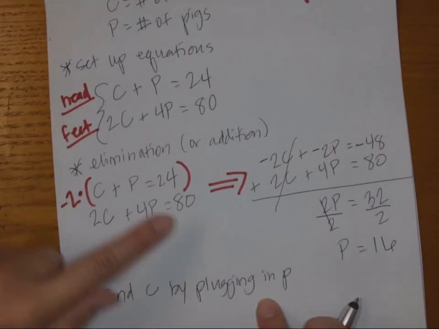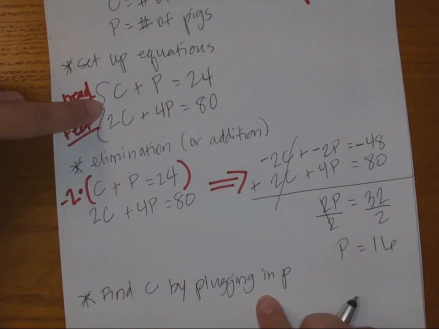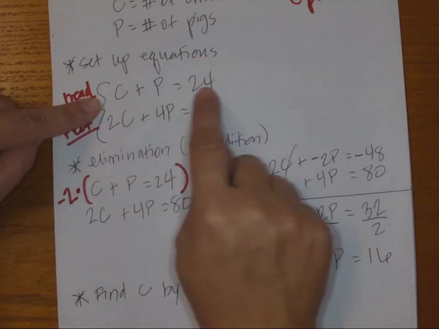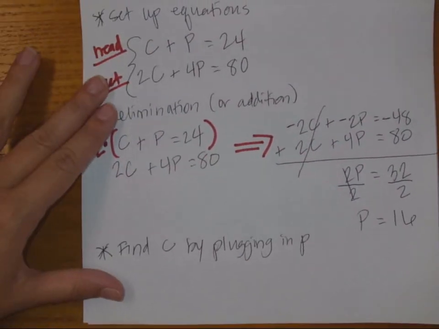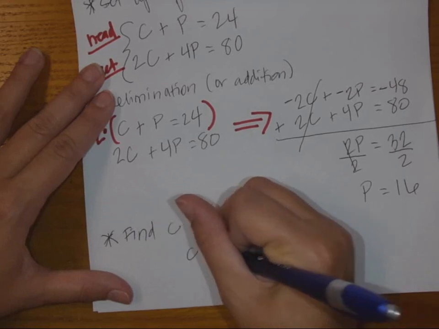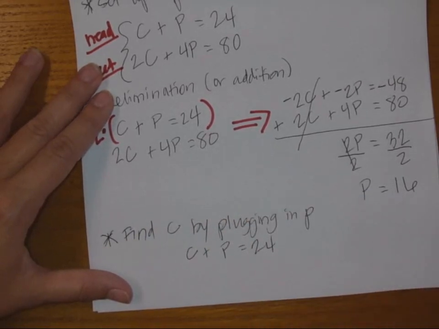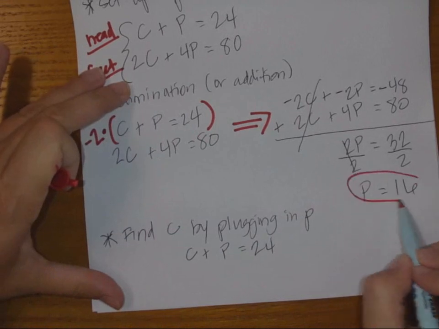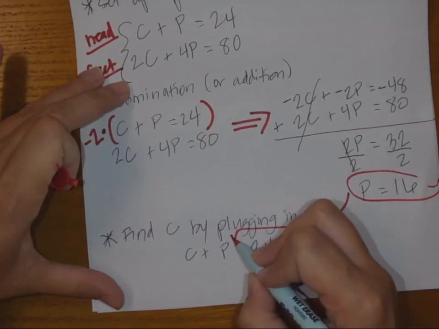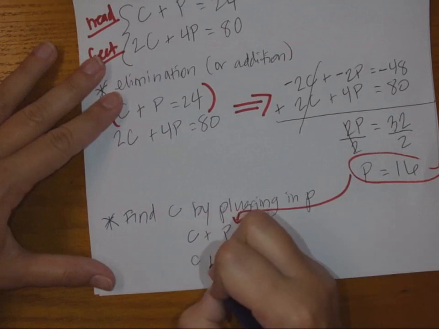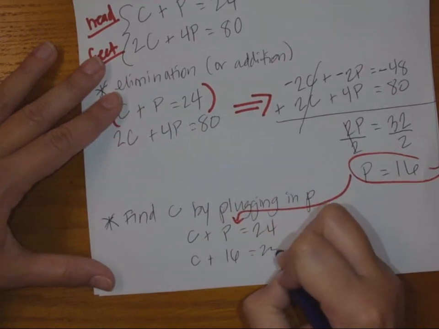So this is called back substituting. Pick one of your 2 original equations and put in 16 for the P. It doesn't matter which equations you choose, you'll get the same answer either way. I'm going to pick the top one because it looks a lot easier. So C plus P equals 24. I'm going to put in 16 for the P. So C plus 16 equals 24.